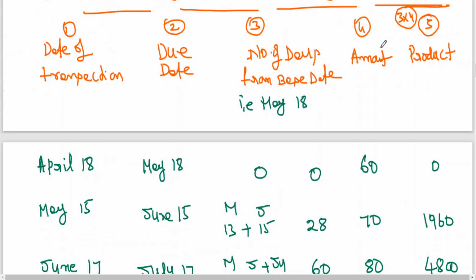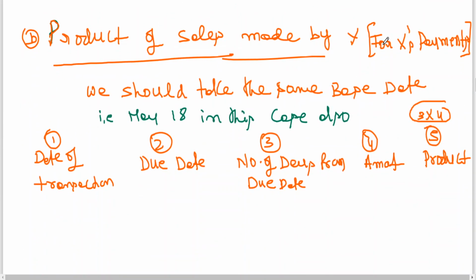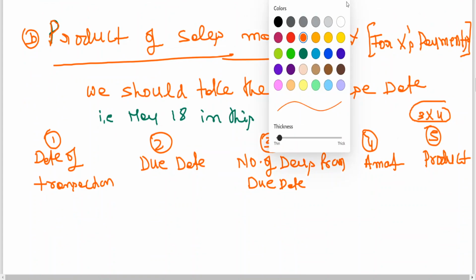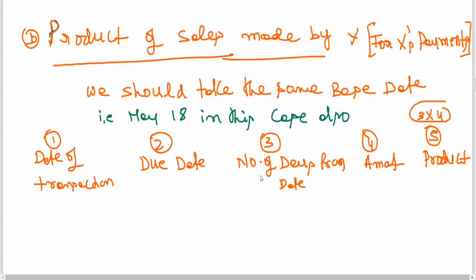Three into 4. Okay. Now here also, as I told you, number of days from base date, that is May 18.